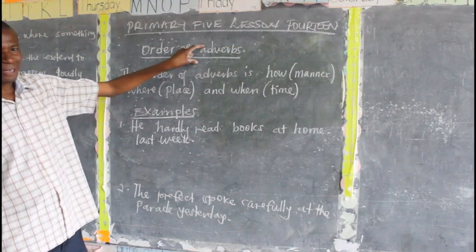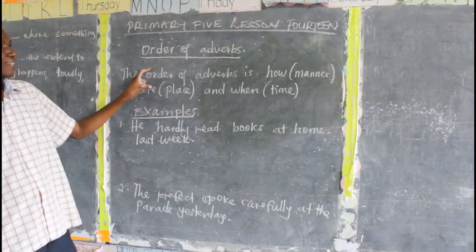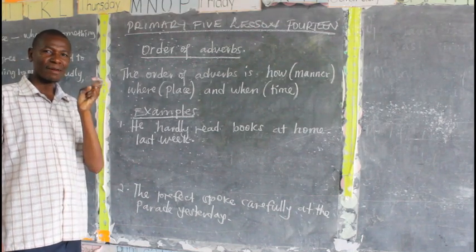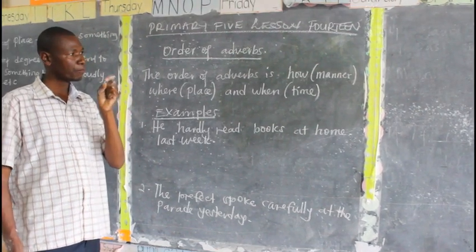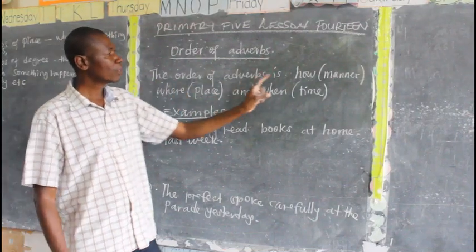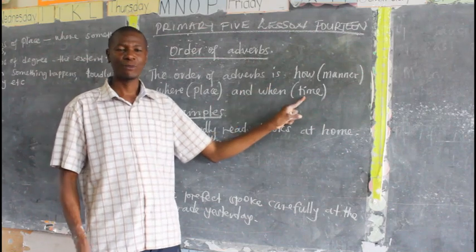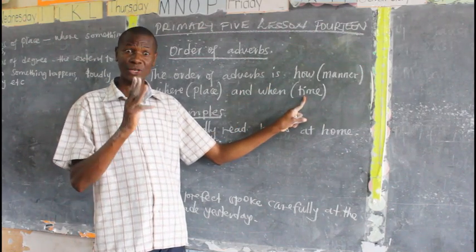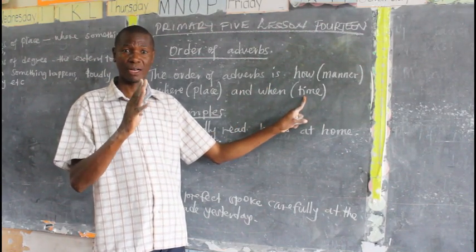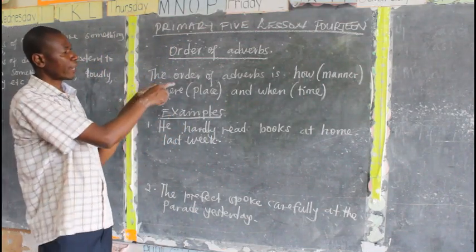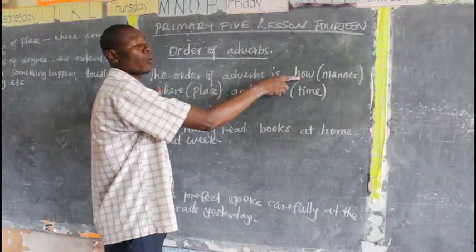So the order of adverbs is here. We can write adverbs in order looking at three major types of them: adverb of manner, adverbs of place, and adverbs of time. Commonly we use these three to make the order of the adverbs. Now, the order of adverbs is how.